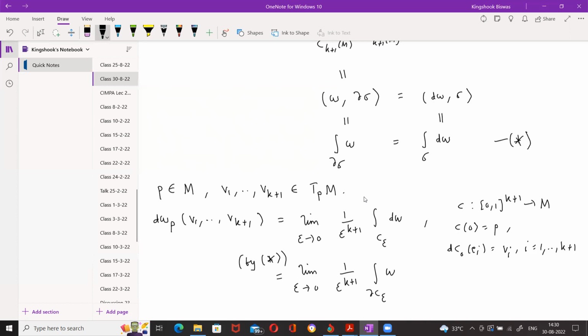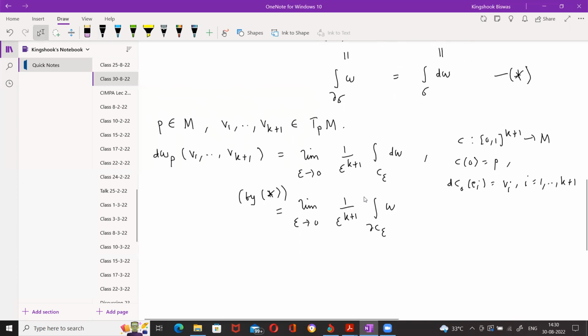So that tells us that if such an operator D exists on forms, it has to be given by this formula: d omega of v1 to v(k plus 1) is going to be the limit as epsilon goes to 0 of 1 over epsilon to the k plus 1 times the integral over the boundary of C epsilon of omega.